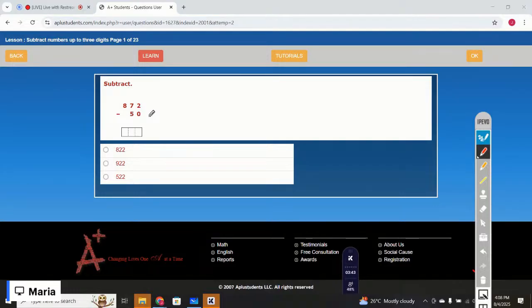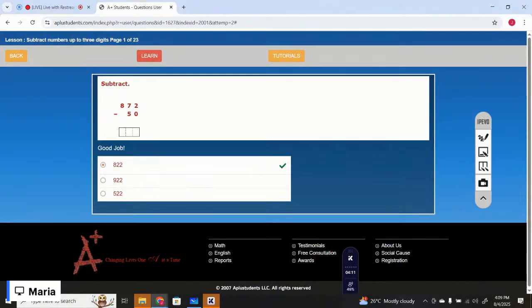Then we need to subtract the tens. 7 minus 5 is 2 and 8. That is 822. The correct one is 822. Option number 1 is the correct option. That is 822.